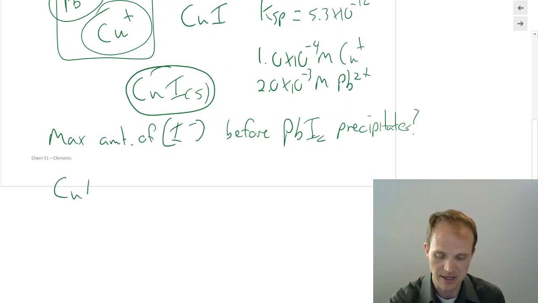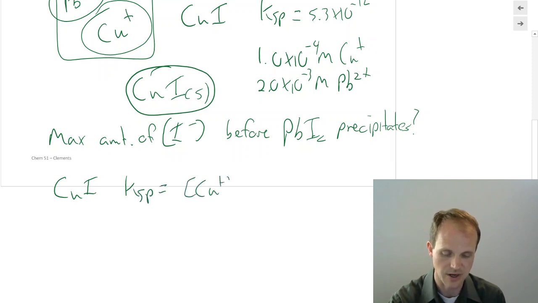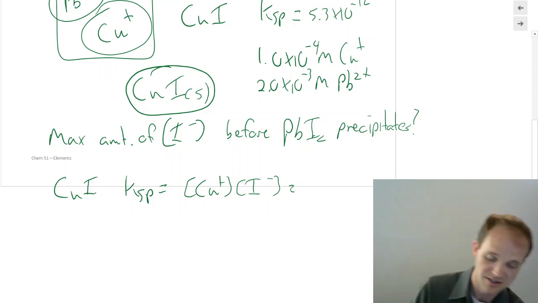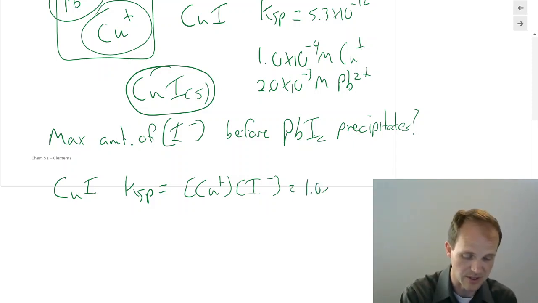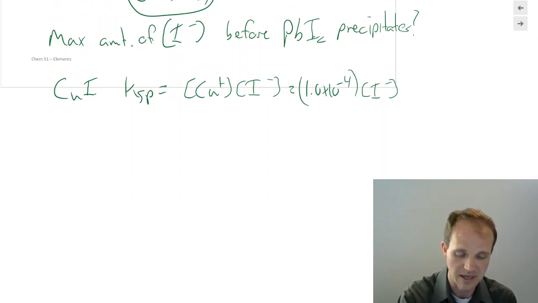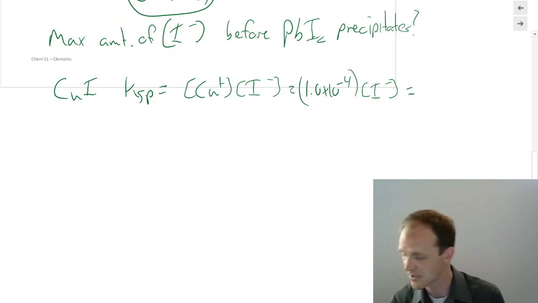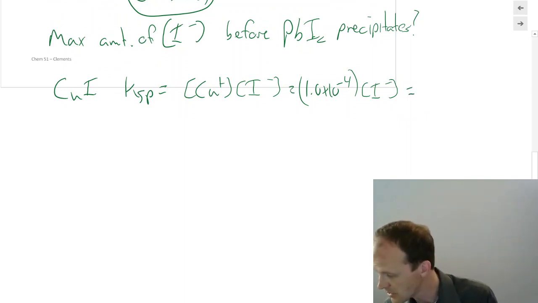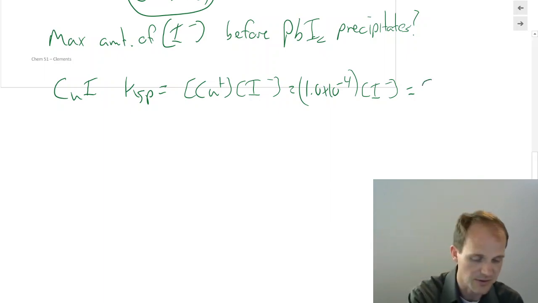So for copper iodide, my KSP is going to be the concentration of copper times the concentration of iodide. Well, I already have the concentration of copper. It was given to me. It's 1.0 times 10 to the minus 4th, concentration of iodide there. But I actually also know KSP because that was given to me as well, and for the copper iodide, that's 5.3 times 10 to the minus 12th.